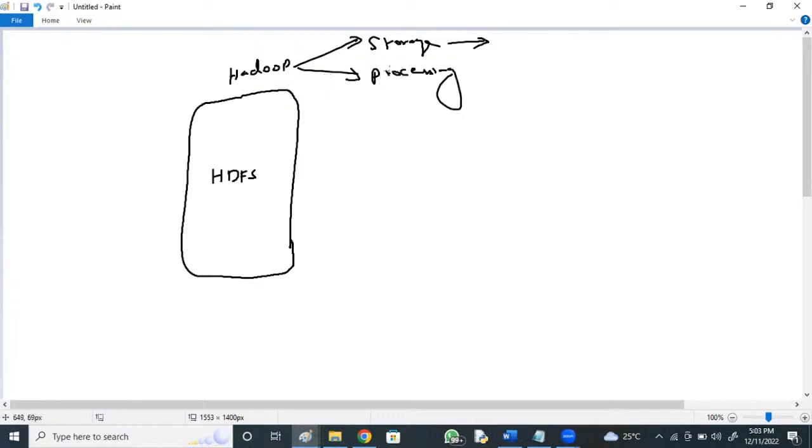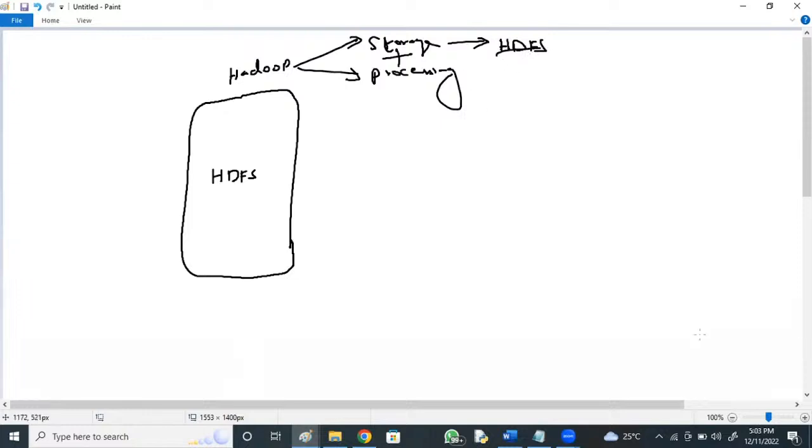And databases can handle only structured data. So despite all this, it's not going with databases for storing its data. It's going with a file system called Hadoop distributed file system. Hadoop is meant for two things: storage and processing. For storage, we go for HDFS.